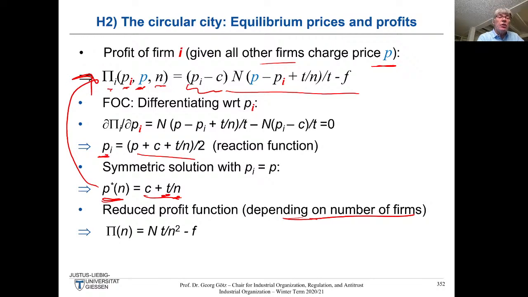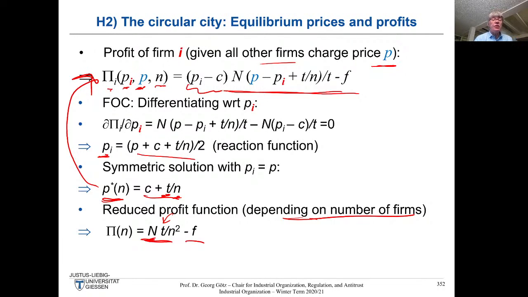We see our per unit profit would be just T over small n, multiplied here by this expression, and simplified, we get that profit is equal to capital N times T over n squared, minus the fixed cost. Of course, fixed costs are decisive. The number of consumers is decisive. Again, the degree of transport cost is decisive, and the number of rivals is interesting.